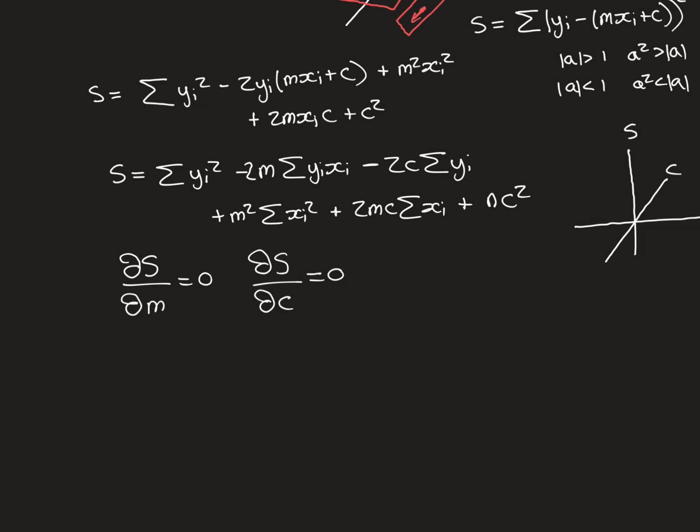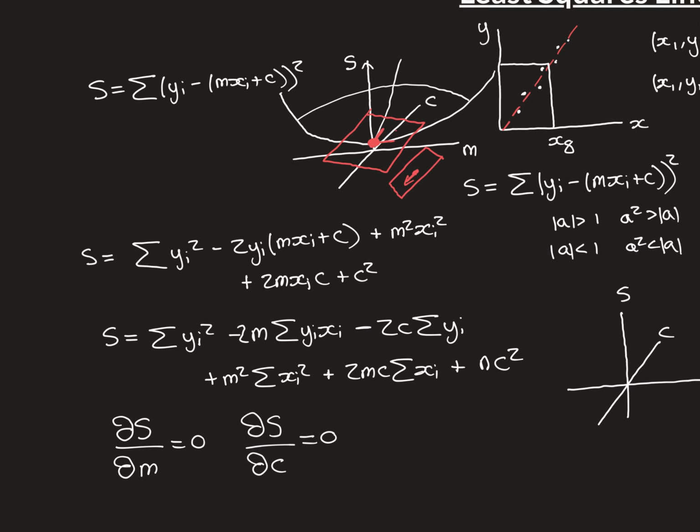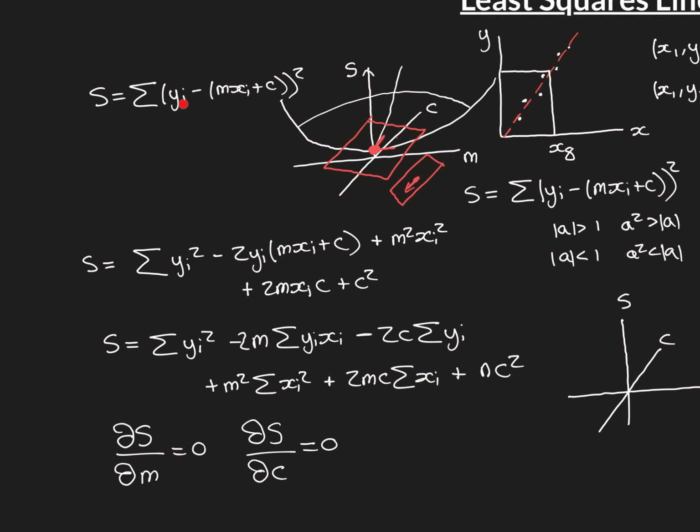And the wonderful, brilliant thing about this is that there's only one place for this function where this happens. There's only one solution to this. If there were multiple places where the curve had the tangent plane being level, then we'd be in trouble. We'd have to wonder which one is the real minimum. But there's only one answer in this case.